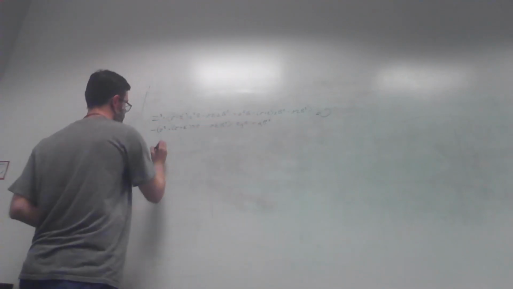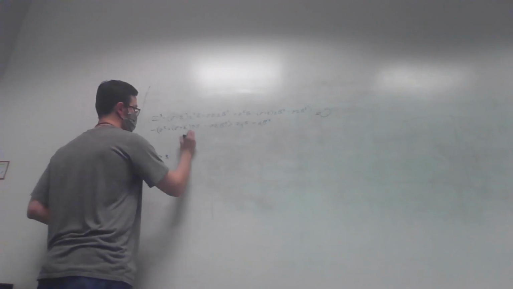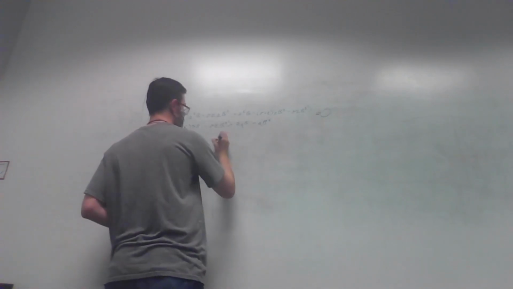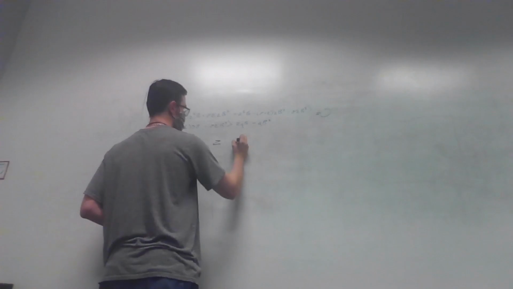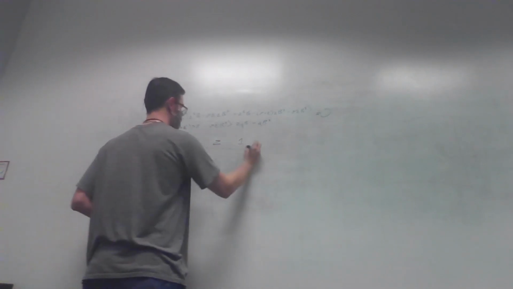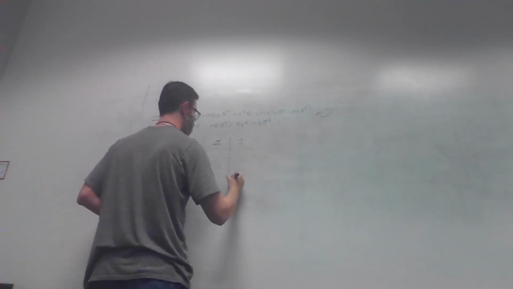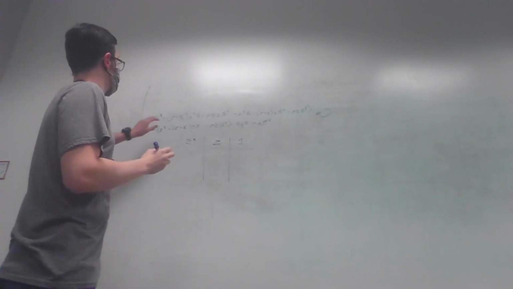So let's write out the z cubed, z squared, z, 1. Okay, so we have z cubed here.